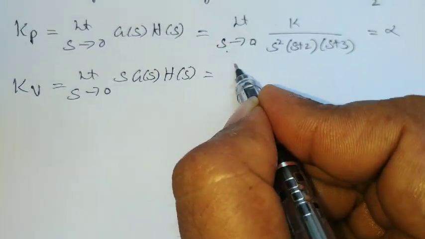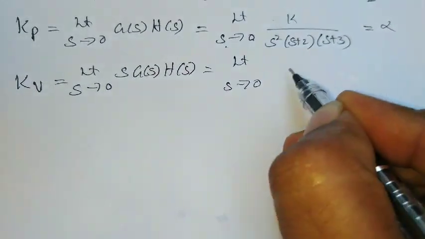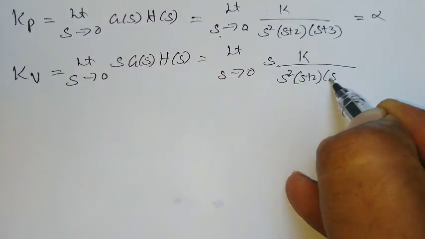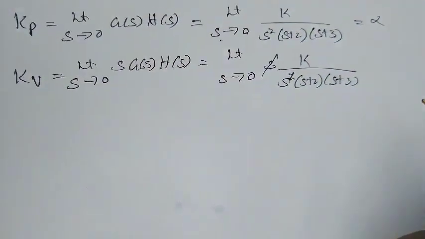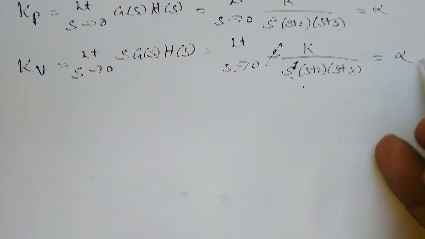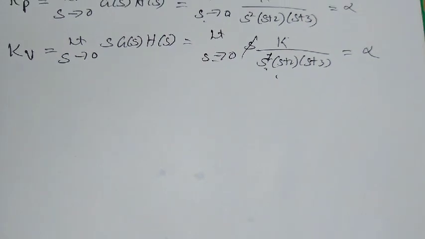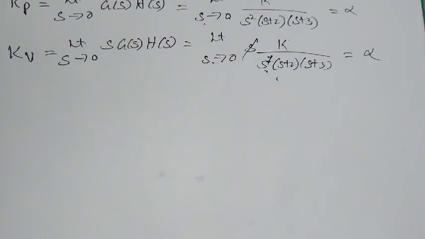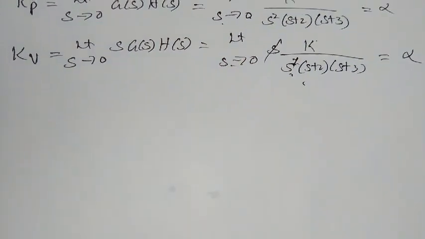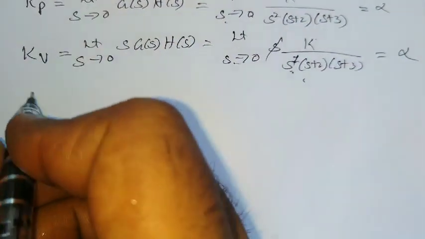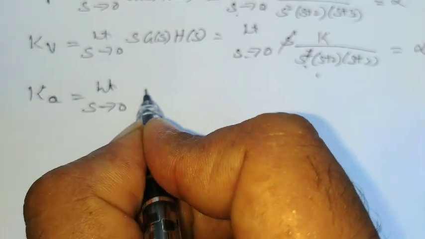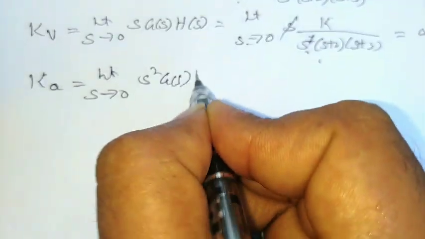This is limit s tends to 0 of s into K by s square into s plus 2 into s plus 3. So one s gets cancelled, one more s is there. If I substitute s equal to 0, something by 0, it will also be infinity. Similarly, I will find the Ka value. Ka will be limit s tends to 0 of s square into G of s H of s.